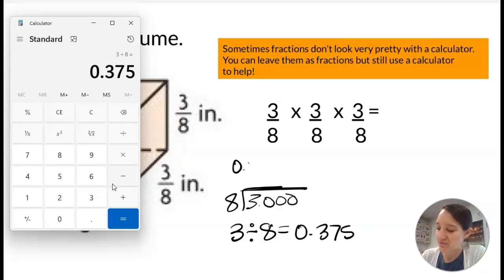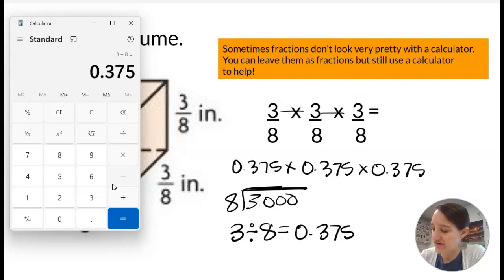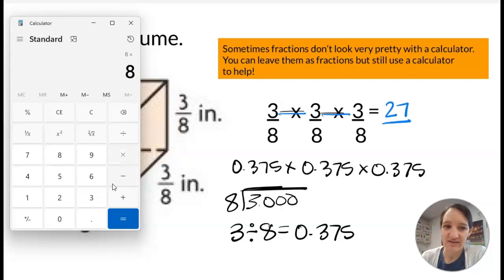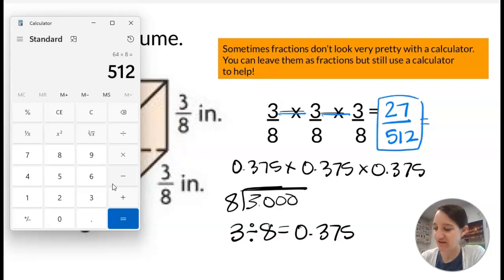So you could go 0.375 times 0.375 times 0.375. Or you can go 3 times 3 times 3 is 27. 8 times 8 times 8 is 512. And then you'd have to try and simplify that, which you could do, maybe. I don't know. It might just be 512, okay?